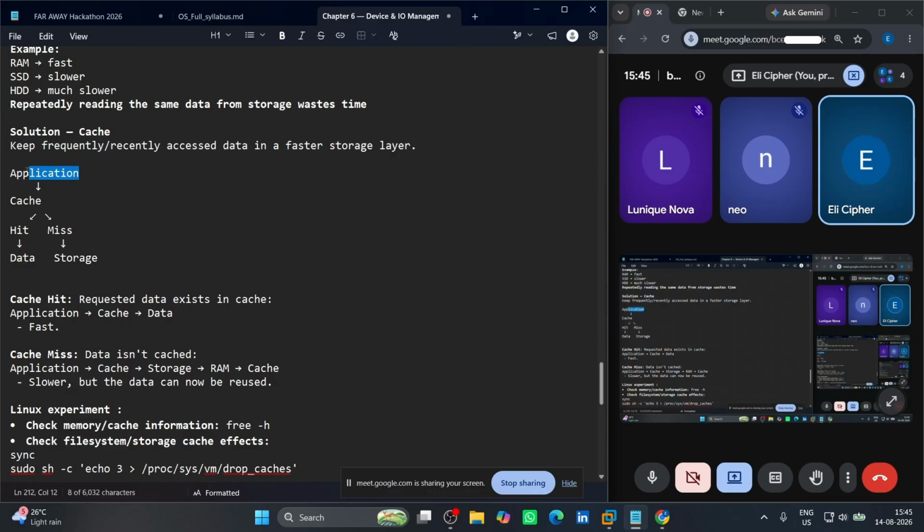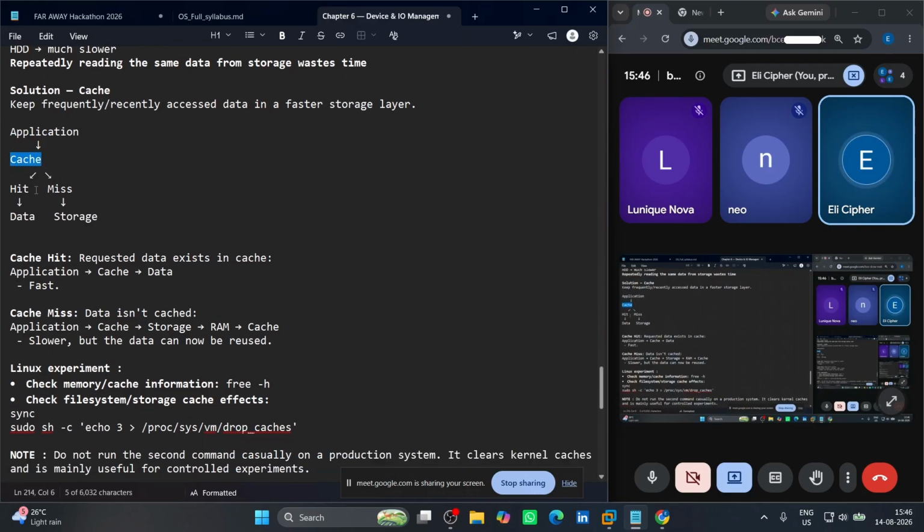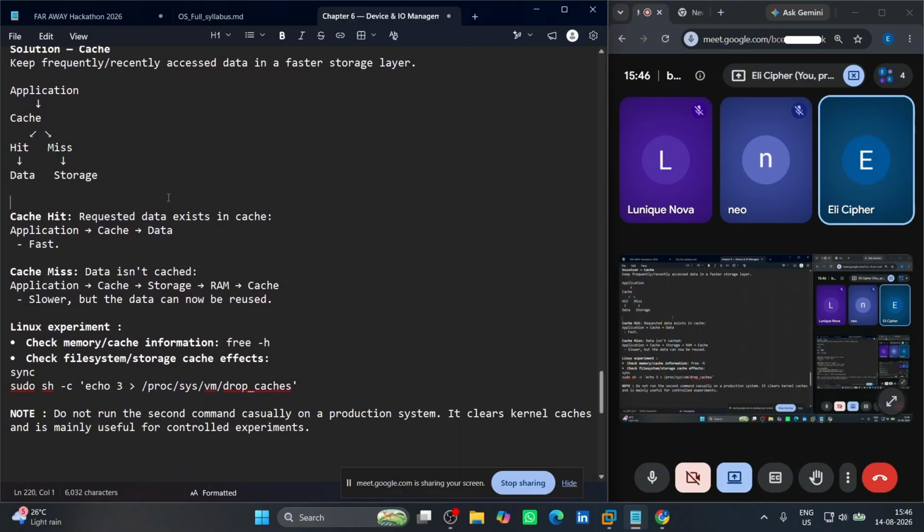When we access an application, it generates a cache, and then there are two other points, which are cache hit and cache miss.